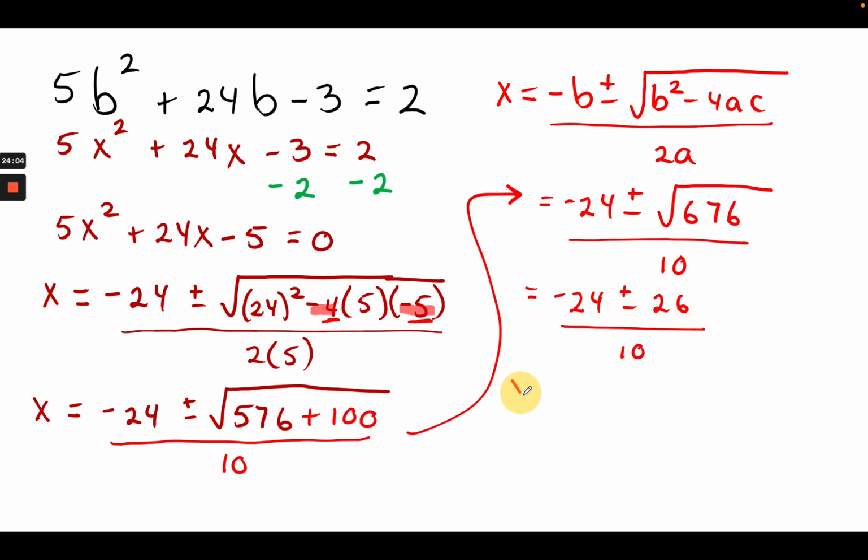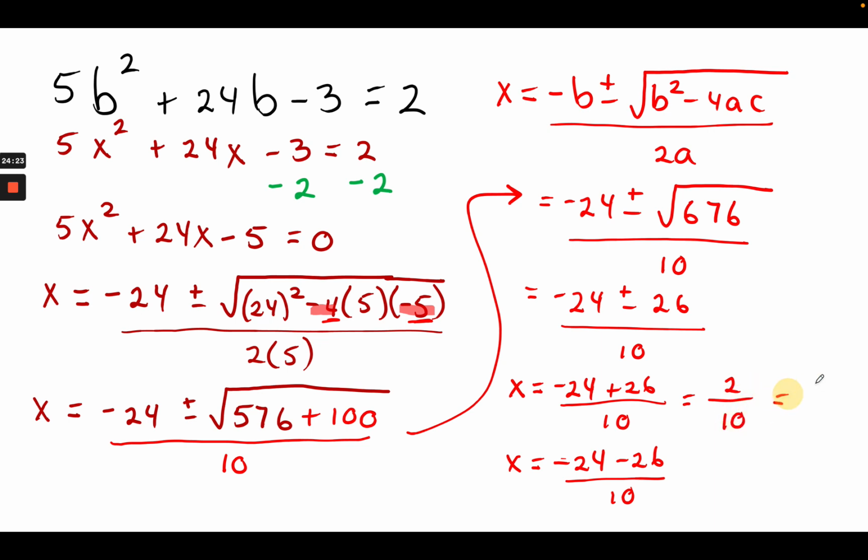So we have that x equals negative 24 plus 26 over 10, and x equals negative 24 minus 26 over 10. This gives me a positive 2 over 10, or 1/5. And this gives me a negative 50 over 10, which is negative 5.